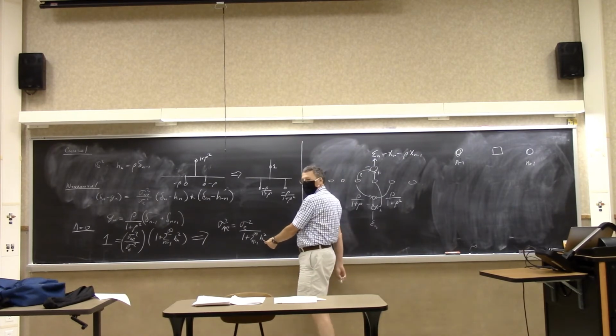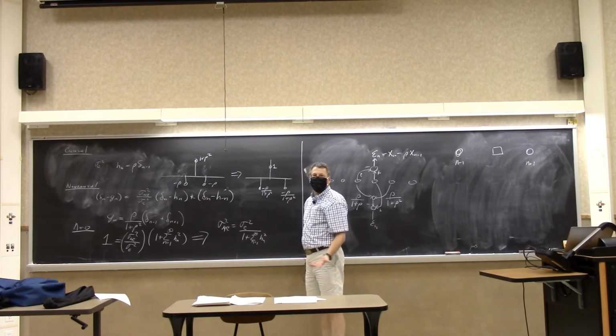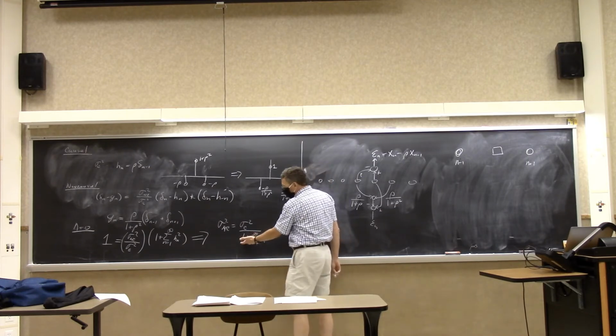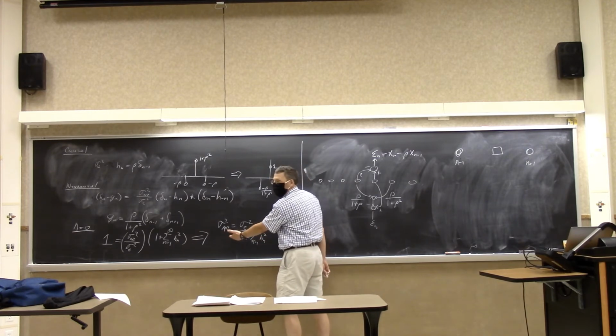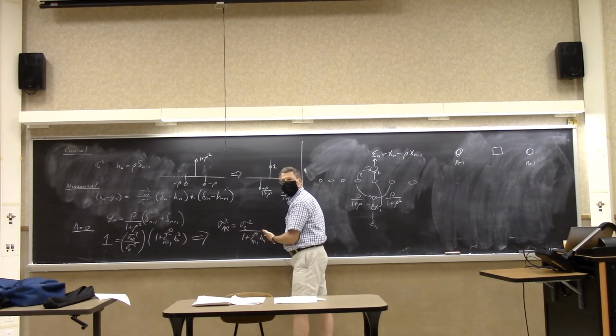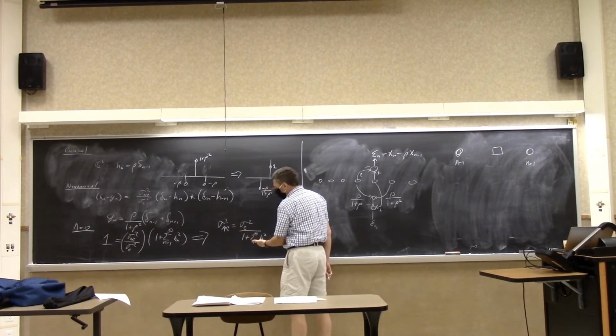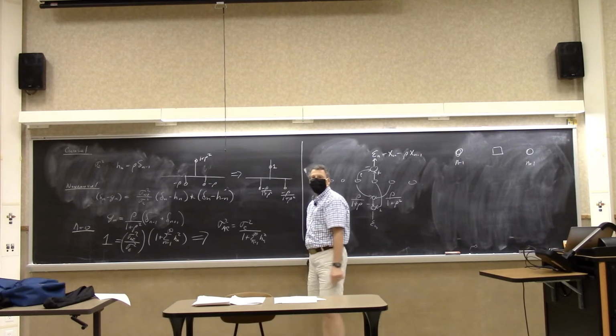This is always positive because the h squares are always positive. So 1 is 1, and if you add some positive stuff to it, it's got to be more than 1. So that means the non-causal prediction variance is always less than the causal prediction variance. And they're equal only in the special case when the h's are zeros.